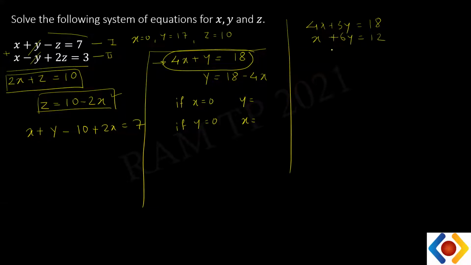Don't try to solve this, but can I find x and y in this case without assuming any value for any variable? Yes. Why? Because in this case we have two equations, and how many variables are there? Two variables, right?